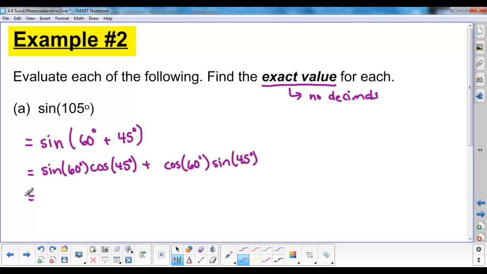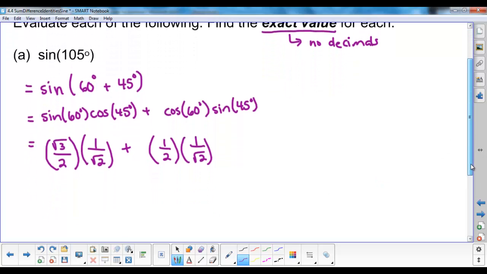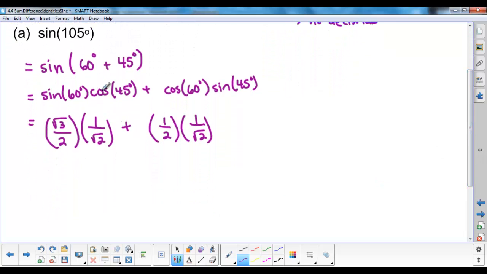Again, we can reference our special triangles, and then we know that sine of 60 degrees really is √3/2, and cos of 45 is really just 1/√2, plus cos of 60 degrees is 1/2, and sine of 45 is 1/√2. So very similar to what we did yesterday, except this time you had to find the two angles that gave you the 105 degrees.